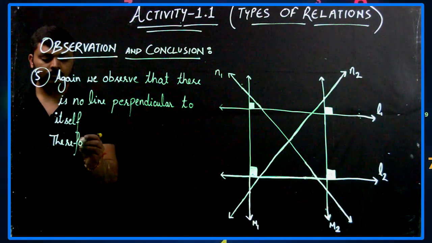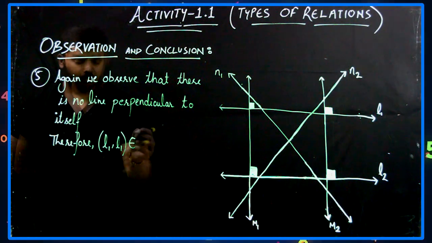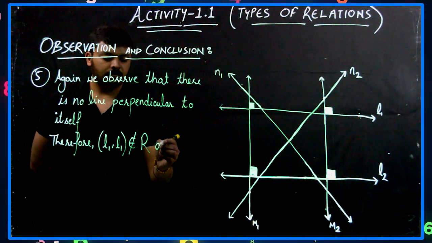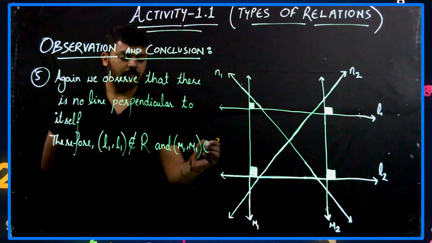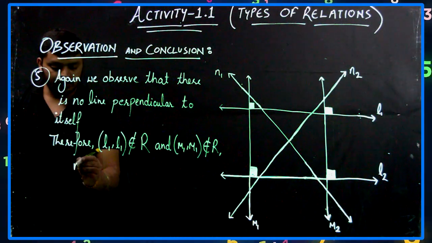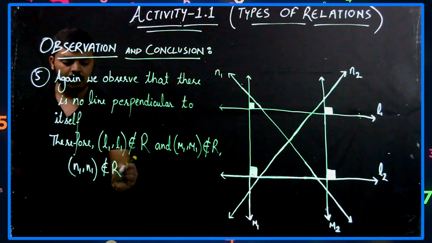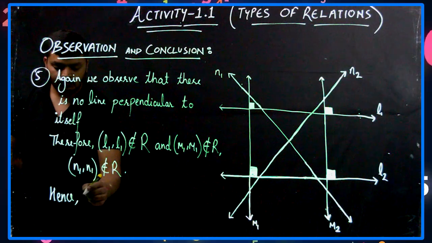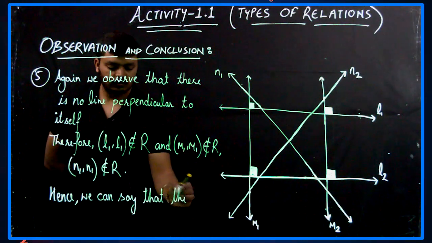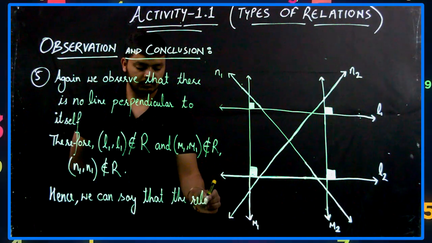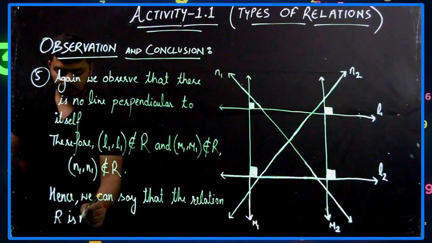Therefore, (L1, L1) does not belong to R, (M1, M1) does not belong to R and (N1, N1) does not belong to R. Hence, we can say that the relation R is not reflexive.